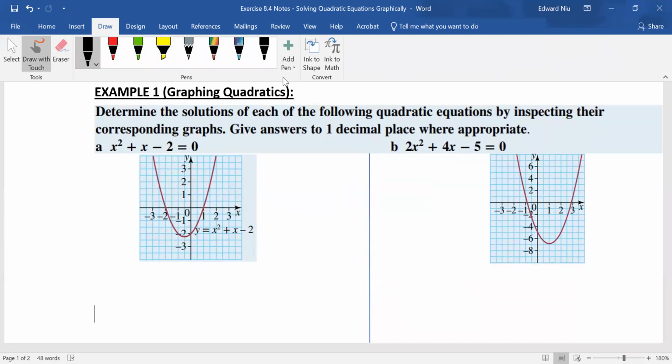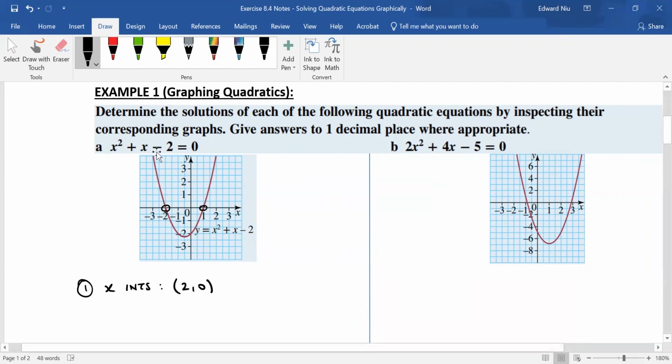So we can see there's 2 x-intercepts. So the first feature is x-intercepts. We have them at -2 and 1. So if we were to plug in the quadratic formula to this quadratic equation, we would get x equals -2 or x equals 1, okay, as seen above.